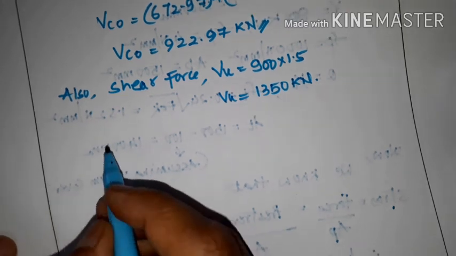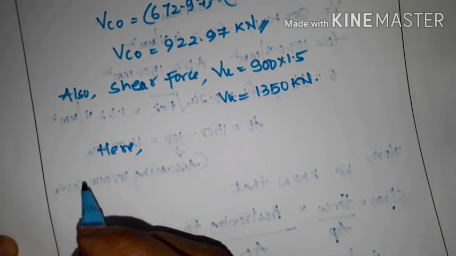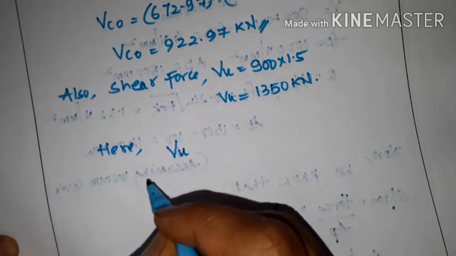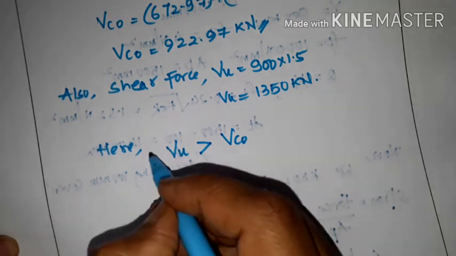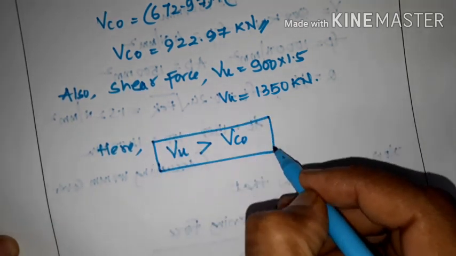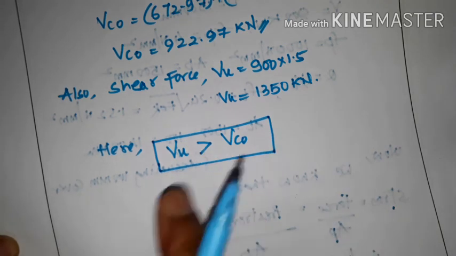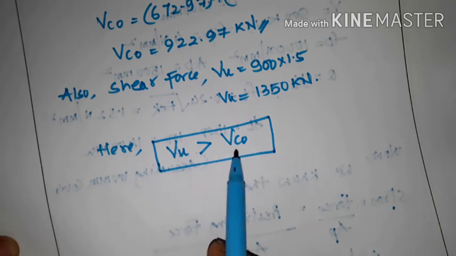Here VU is more than VCO, means the shear acting on beam is more than its capacity or its resistance.